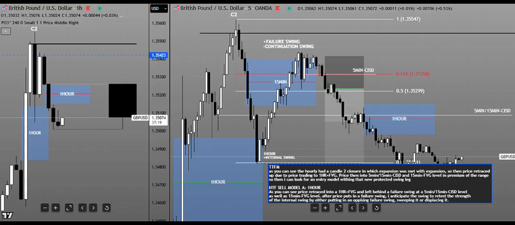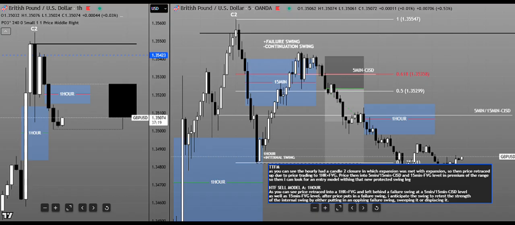So you can anticipate that price will retrace to that level to retest the strength by either putting in another failure swing and then continuing higher, validating that level, the internal swing, as a protected swing point, or it just sweeps it and then continues, still validating it as a protected swing point, or it just displaces it and then obviously changes order flow from bullish to bearish.